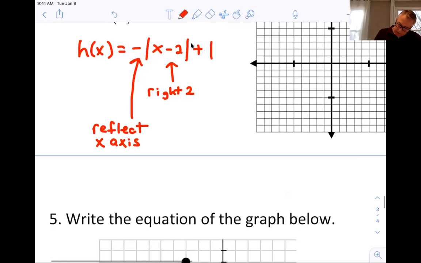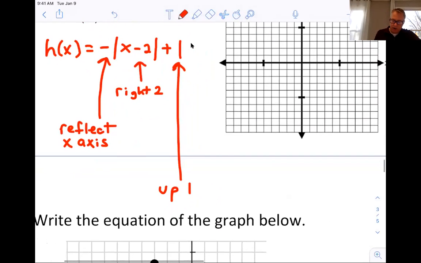And then the last thing I'm going to do is move it up 1. So I'm going to do them in that order. So I follow the order of operations. I'm going to take the absolute value function, move it to the right 2, reflect over the x-axis, and then move it up 1.